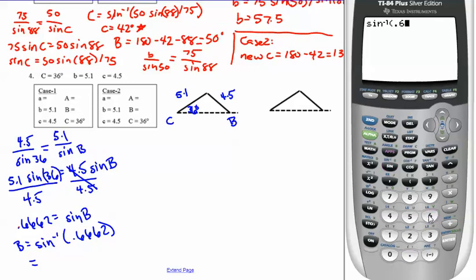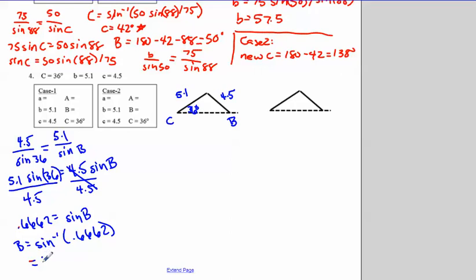But remember, you could also use that second answer function to get the exact number in there. Okay, so we're rounding our angles to the nearest degree, so I get about 42 degrees. So angle B is 42 degrees.